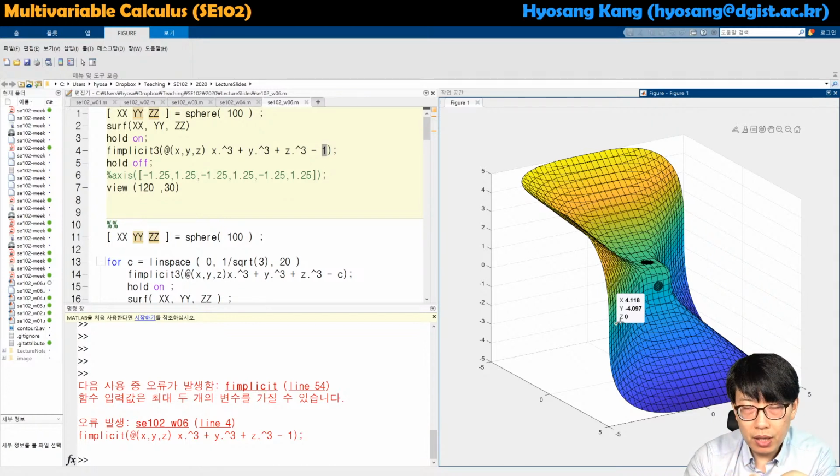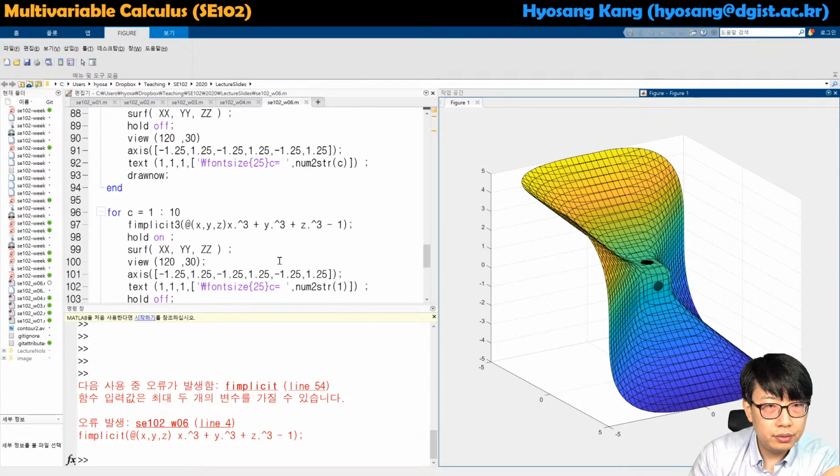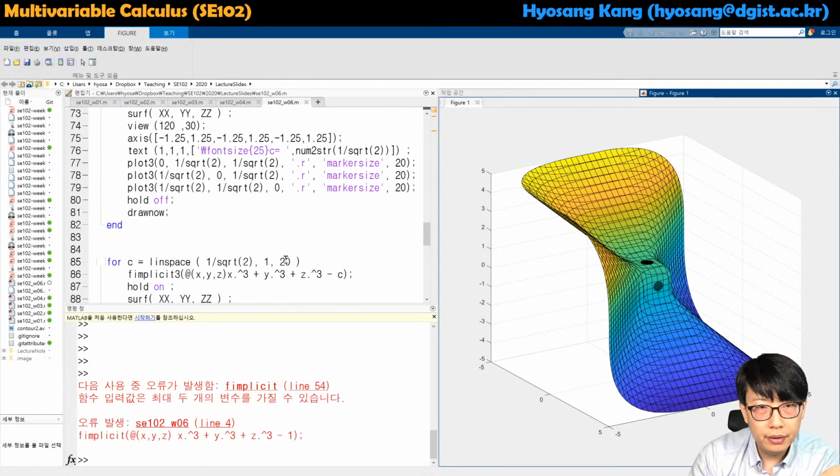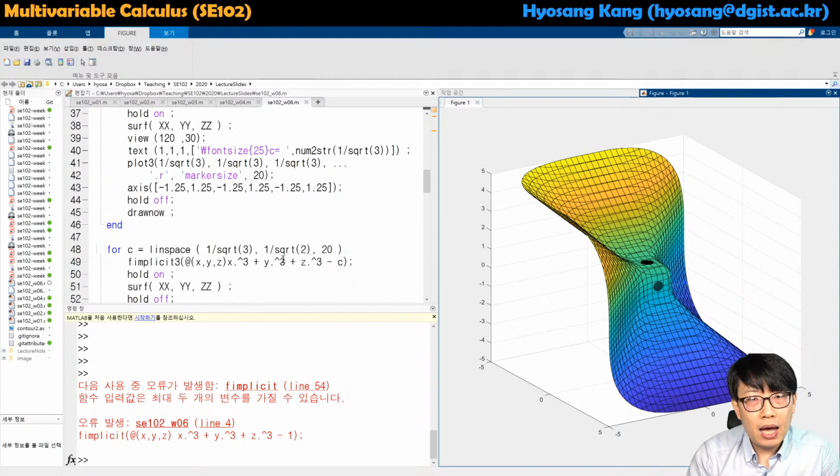So from now on, I will make an animation in which I increase my c. I'm going backward here from 0 to, let's say, 1, because after 1 there's no touching anymore, and I'll show how these two surfaces intersect each other.